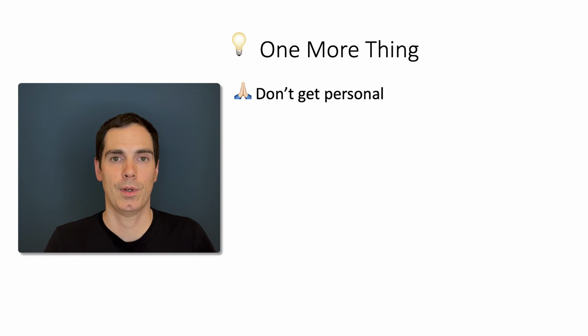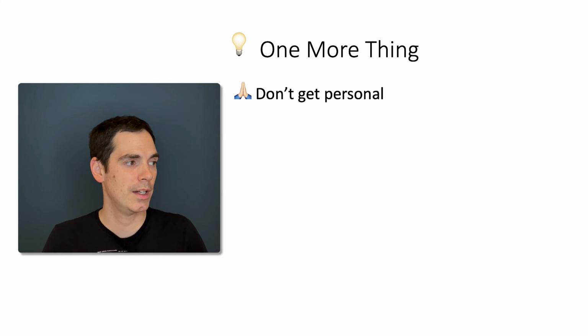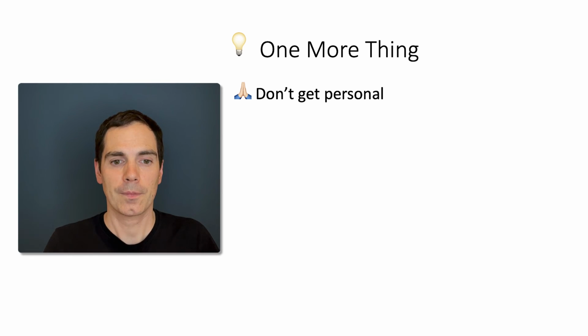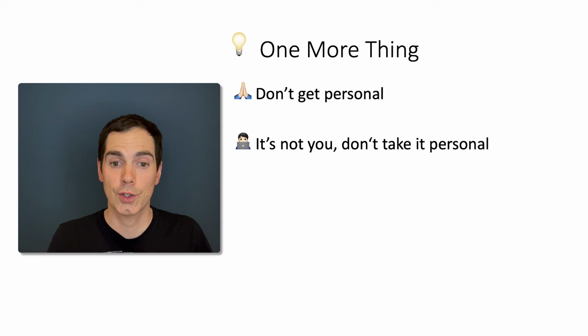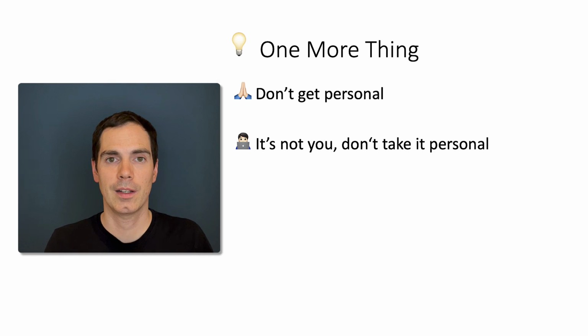But please don't get personal. Try to be as open-minded and as natural as possible, because it can harm other people. It's not you. Don't take it personally. It's not you causing the bug, right? It's not you bringing the bad information.